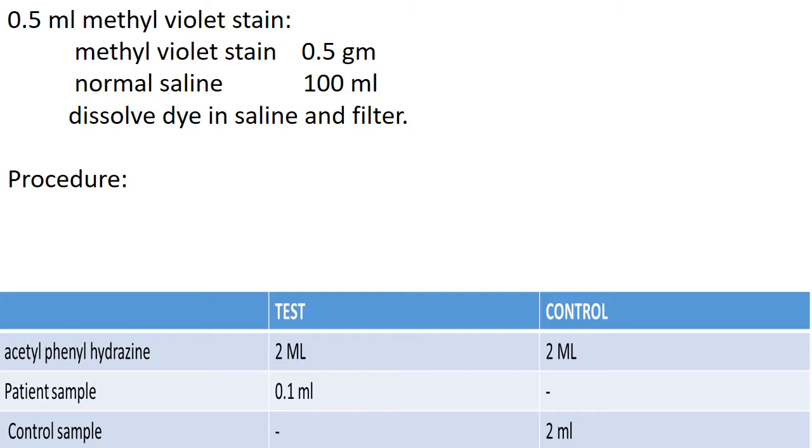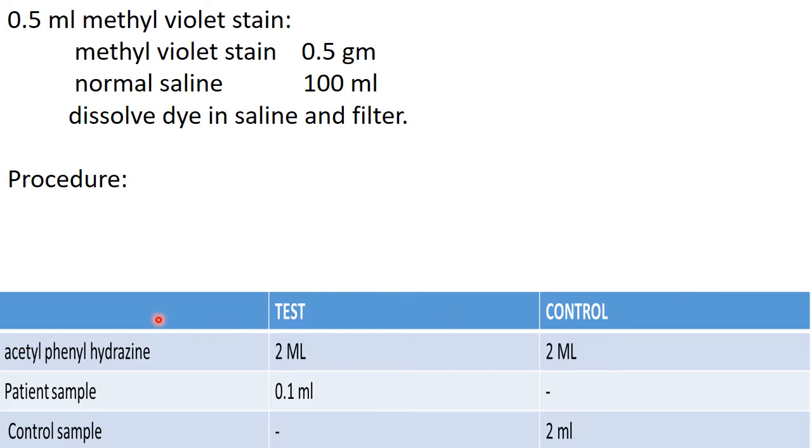Now the procedure. Collect 2 ml of venous blood from the patient and also from a normal person in a heparin anticoagulated tube. Mix the samples well. Set up 2 test tubes and label them as patient or test, and control.